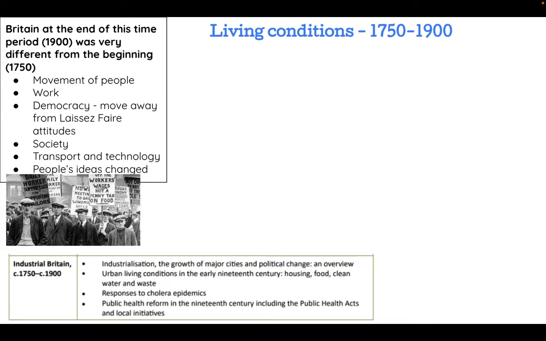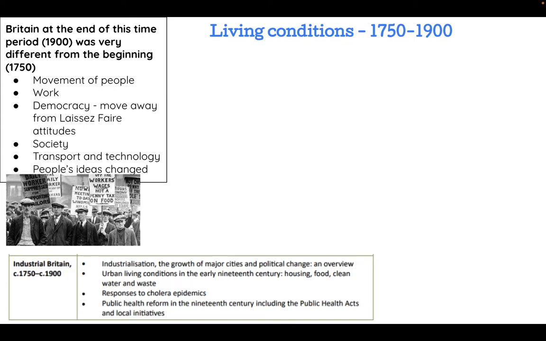During this time period we see a huge movement of people from the countryside into the towns in search of work. We also see movement of people from town to town because of better transport by the railways.